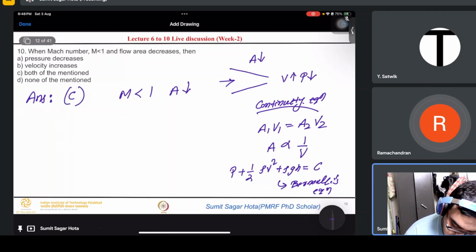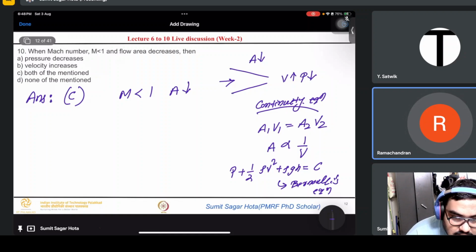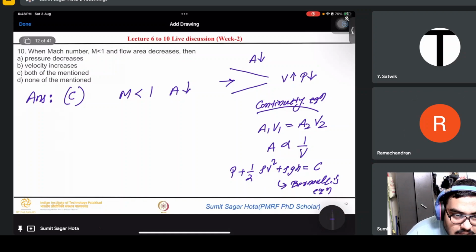Hello, sir. Yes. Sir, is that stagnation pressure, sir, or static pressure? Here, stagnation means the velocity will be 0. So here there is no concept of stagnation unless it's mentioned. Here pressure will decrease, but we don't know, it can go to 0.